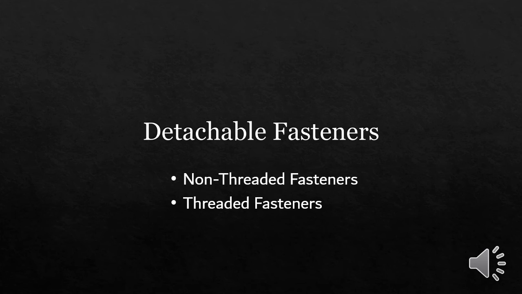This is the explanation of detachable fasteners. Detachable fasteners are fasteners that do not involve destruction during separation, and detachable fasteners spread again into two types. They are non-threaded fasteners and threaded fasteners.